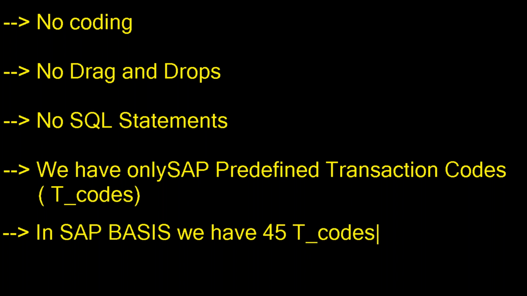Not exactly 45, so plus or minus two or three T codes. So on average we have 45 T codes in SAP basis. Our responsibility is that we need to learn the 45 transaction codes only.